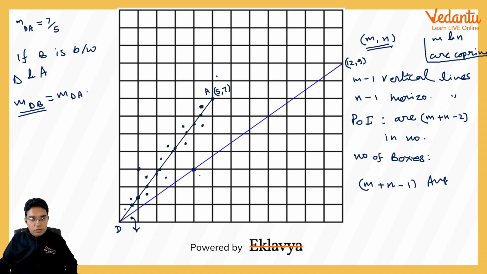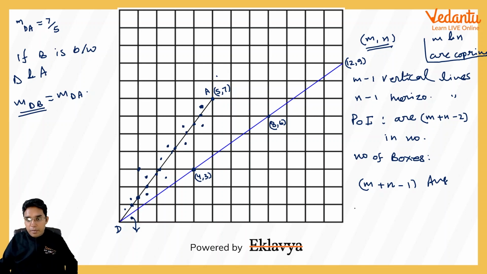So this point is 4 comma 3, which has the same ratio between x and y coordinates that 12 comma 9 has. And once again it is meeting here. There also it is 8 comma 6, and again the ratio is the same: 8 is to 6, 12 is to 9, or 4 is to 3, they all are the same.